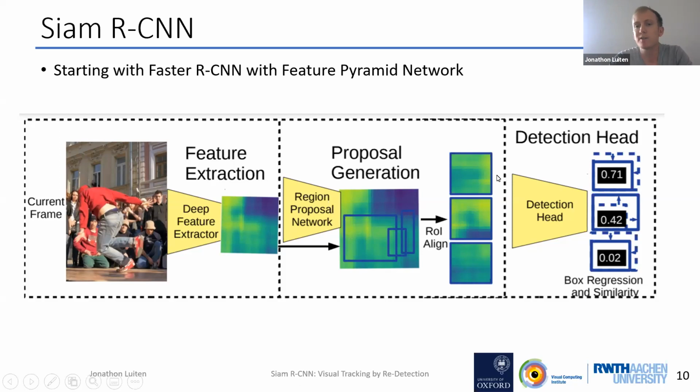So you align those boxes. Basically you crop the features out of the feature map for the whole image to have features per proposal, and then run those through a detection head, which outputs both a classification score here in numbers for how likely that is to be a certain class of object, and also regresses a bounding box. I've tried to show a regression here.